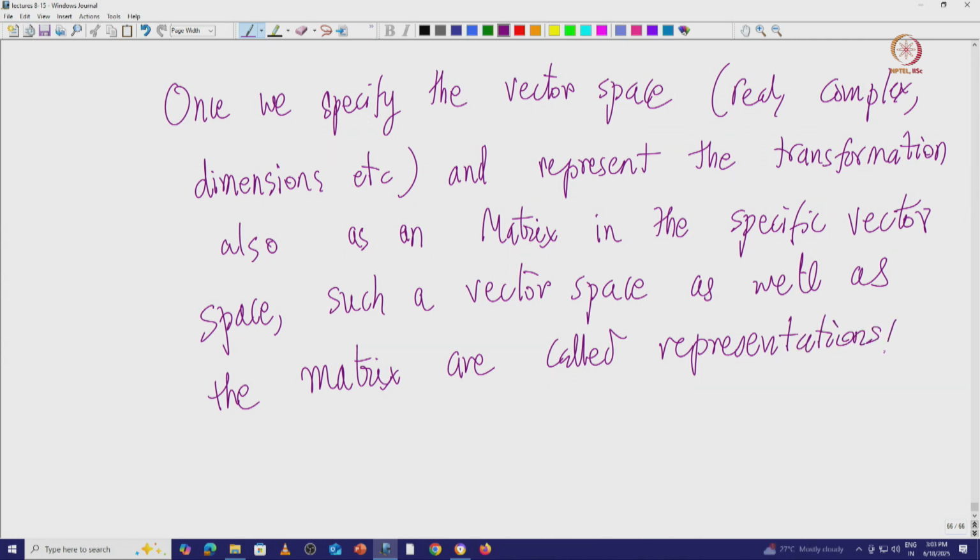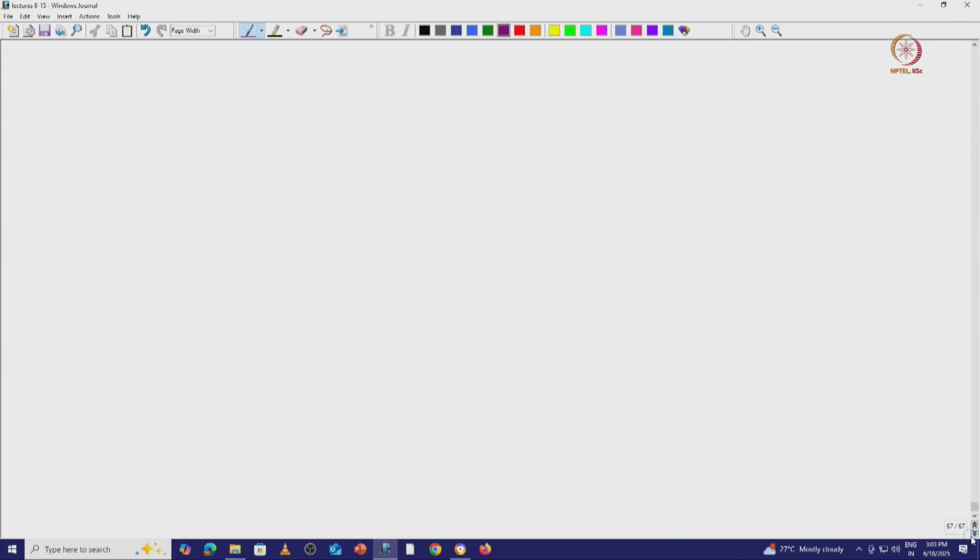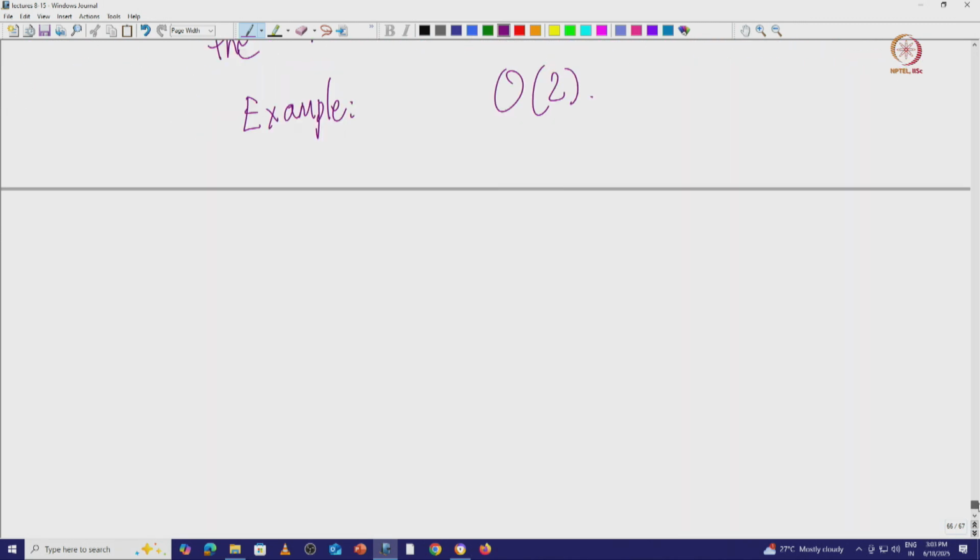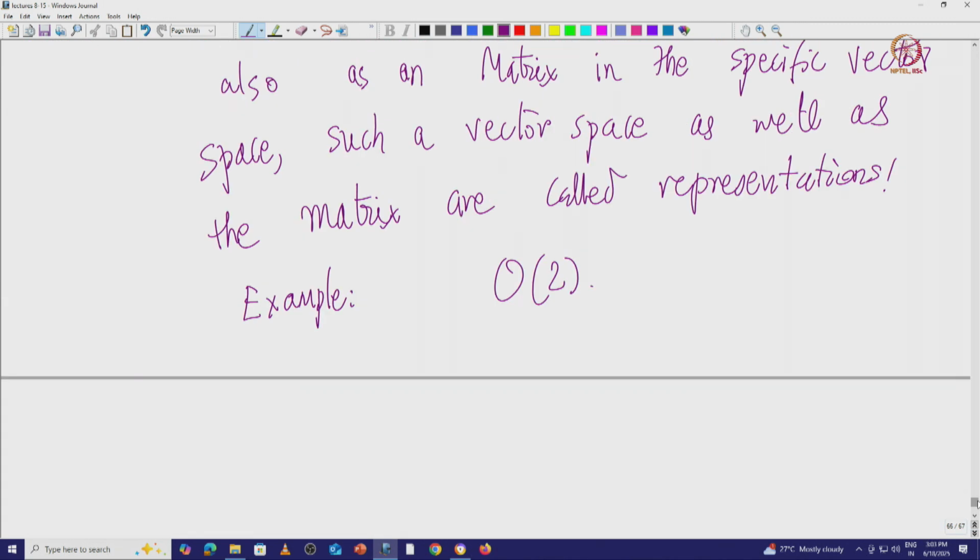So in other words, now you can choose. For example, if you take O2 and I take a representation, what I call a defining representation is a vector space of dimension 2.